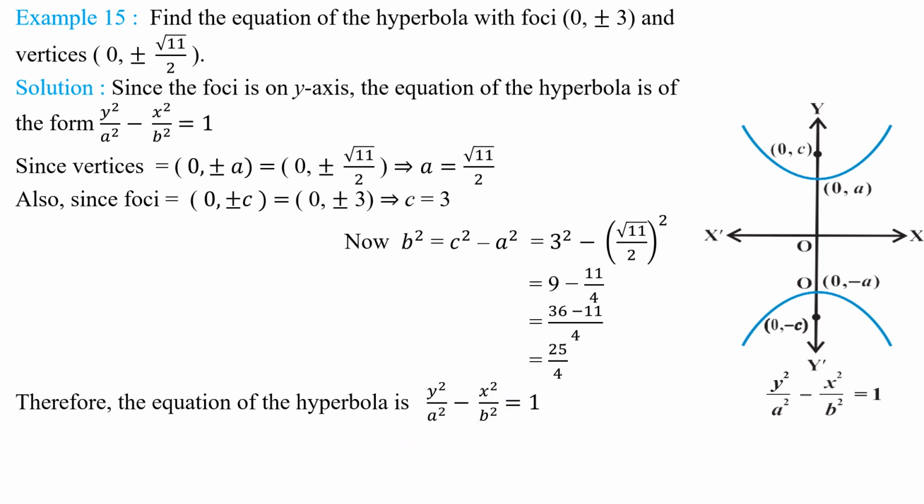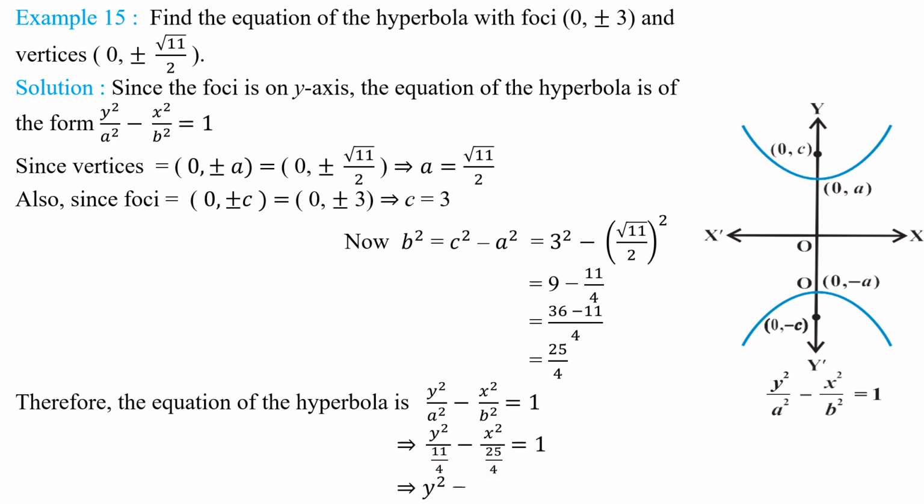That implies y square by 11 by 4 minus x square by 25 by 4 is equal to 1. Here we substituted the a square value and b square value. Understood this statement, children?